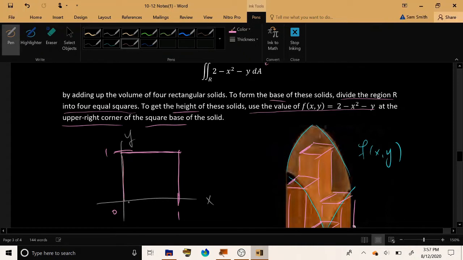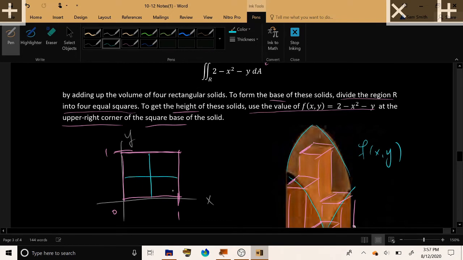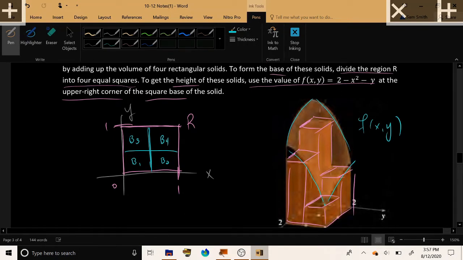All the points in this square from 0 all the way up to 1 make up the region R. Now they say divide the region R into 4 equal squares, which I've done using these cyan lines here. And so I will call this base number 1, base number 2, base number 3, and base number 4, the 4 bases of the 4 rectangular solids whose volume we're going to find.